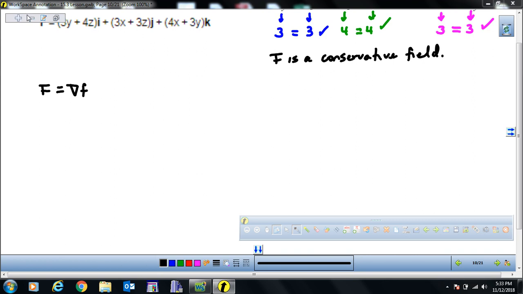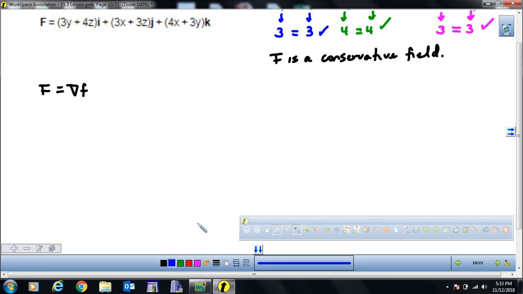Okay, by gradient we mean that this could represent the derivative with respect to x of some potential function. This represents the derivative with respect to y of some potential function. And this represents the derivative with respect to z of some potential function.